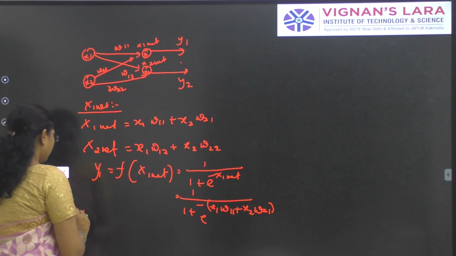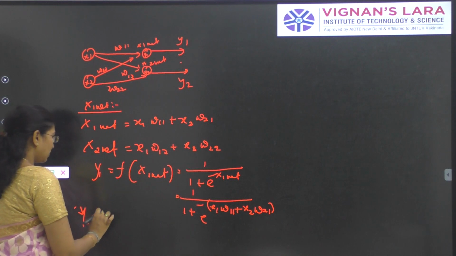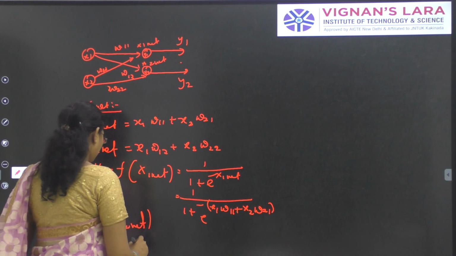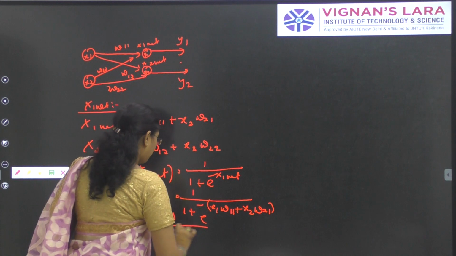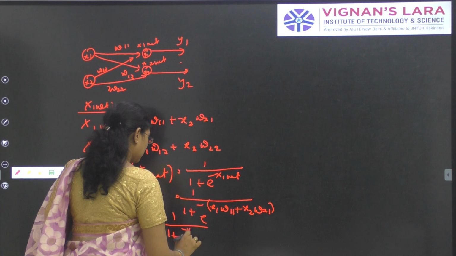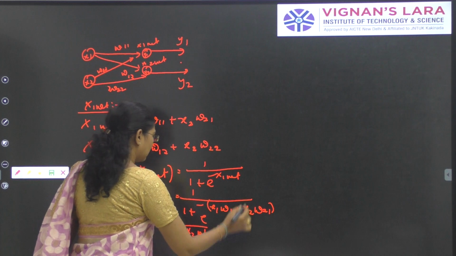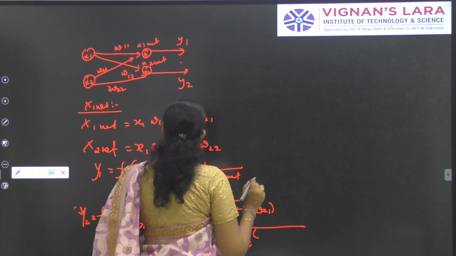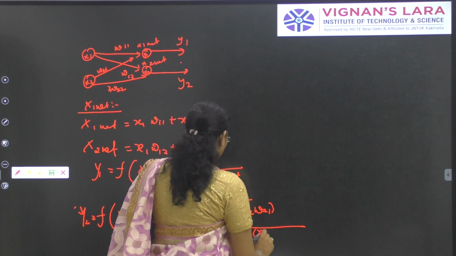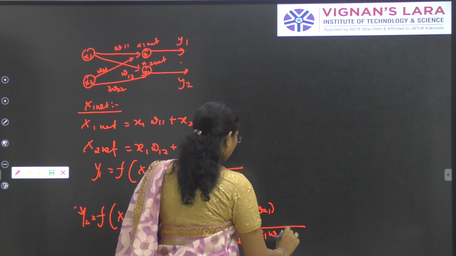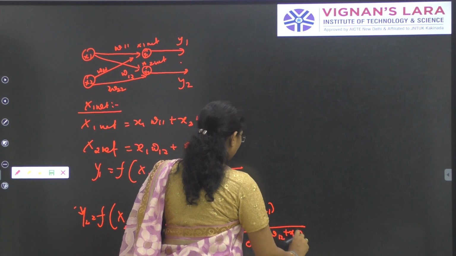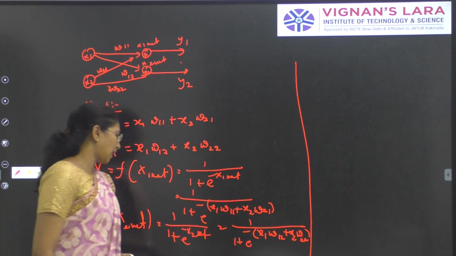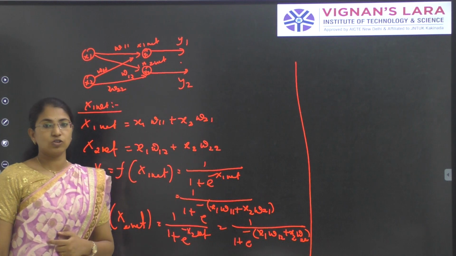Next you need to find y2, which is f of x2 net, which is equal to 1 by 1 plus e power minus x2 net. What is your x2 net? x1 w12 plus x2 w22. So this is your final outputs of y1 and y2.